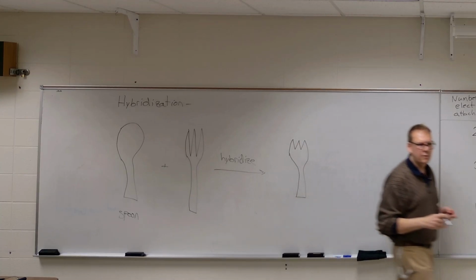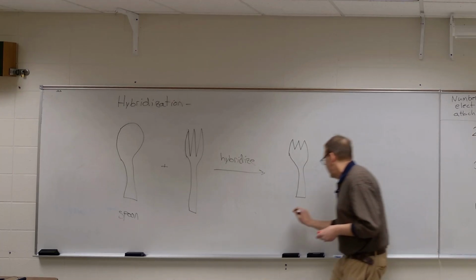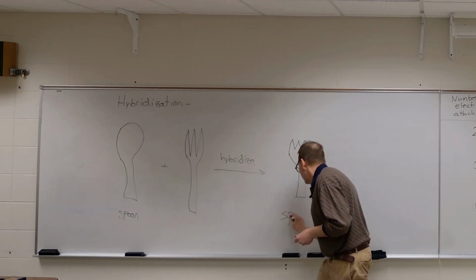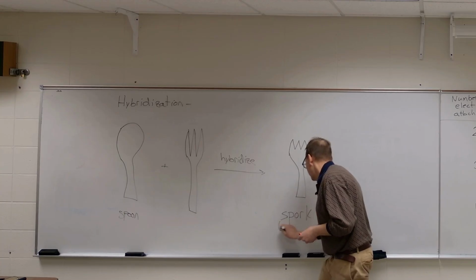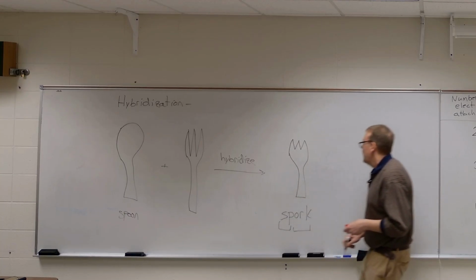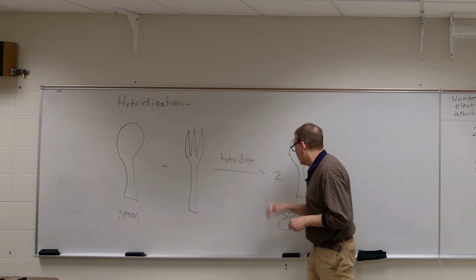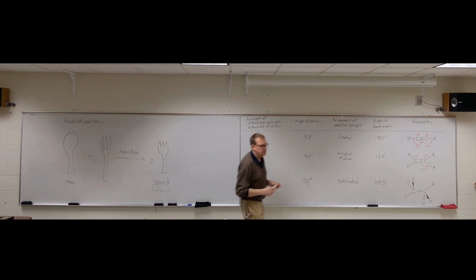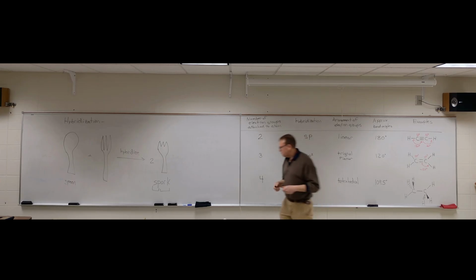Anybody ever eaten with one of those before? It's a spork. It's a little bit like a spoon and a little bit like a fork. And actually, following the rules of combining orbitals, you'd get two sporks. If you mix one spoon and one fork, you get two sporks. Orbitals are kind of like that.